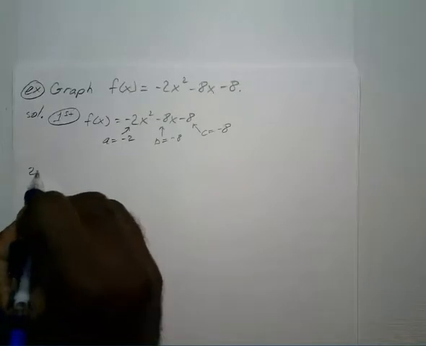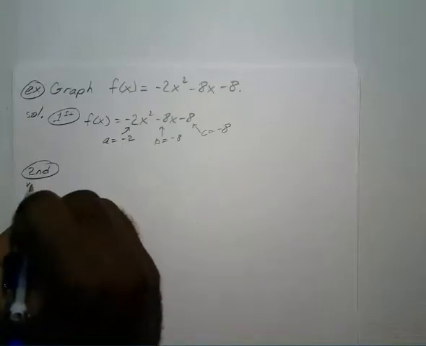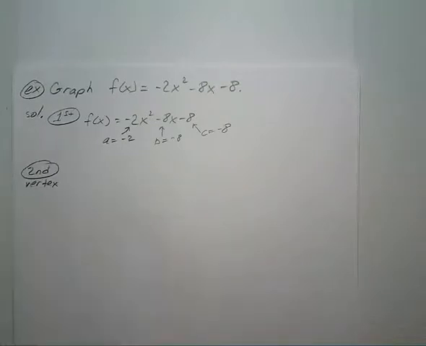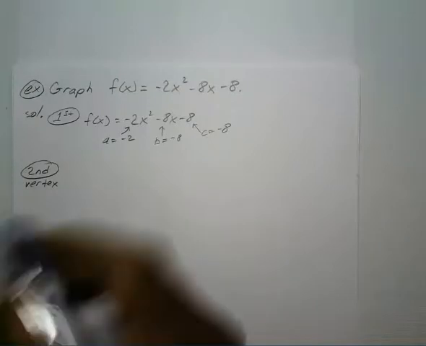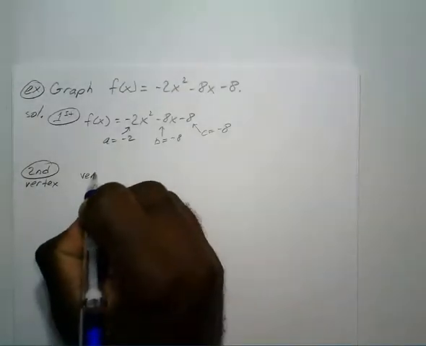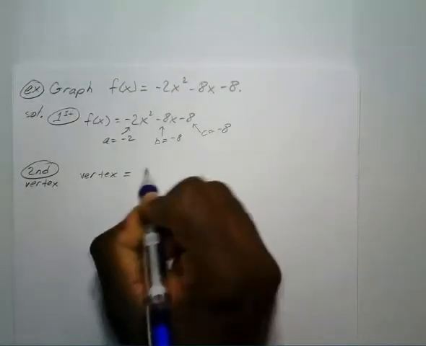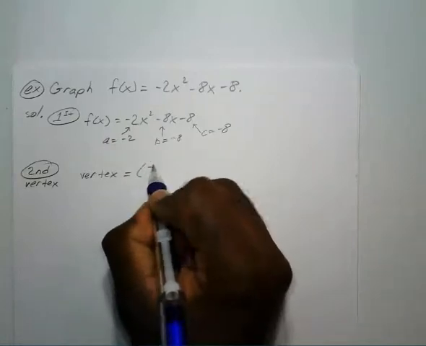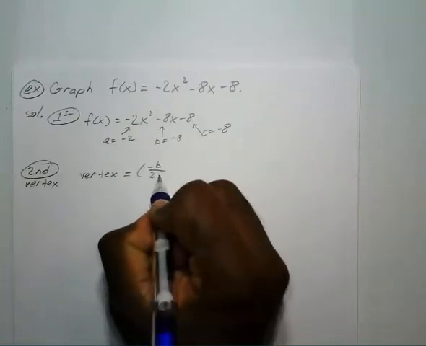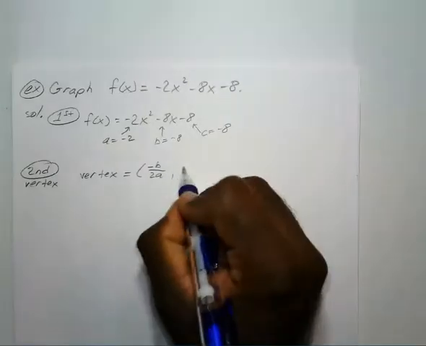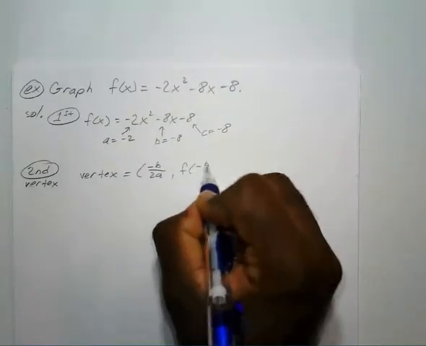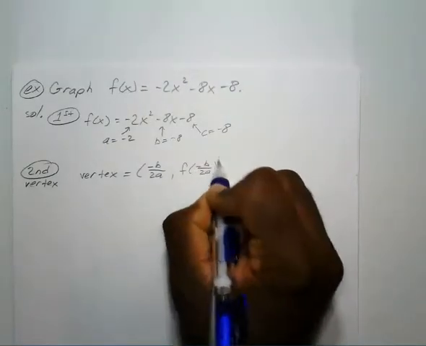Now, for our second step, we find our vertex. If you remember, your vertex is negative b divided by 2a, and f of negative b divided by 2a.